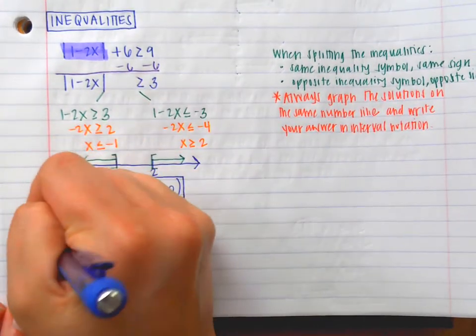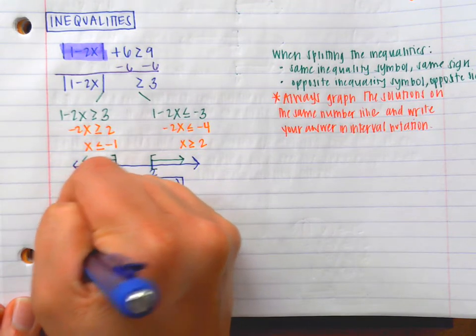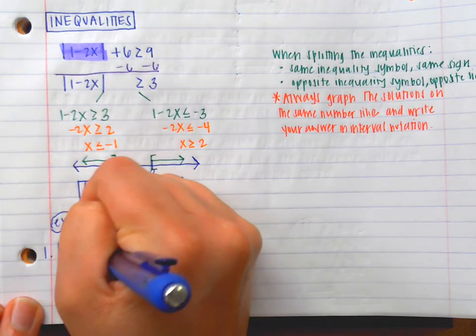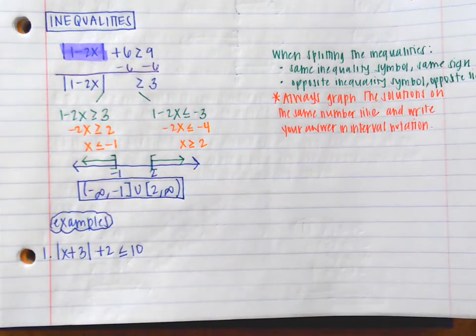The absolute value of x plus 3, plus 2, is less than or equal to 10. So what I want you guys to do is just try that on your own. Look at the example from above, try that on your own, and then come back and check your work.